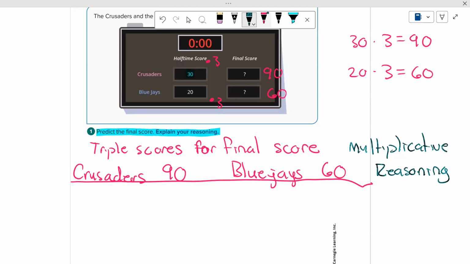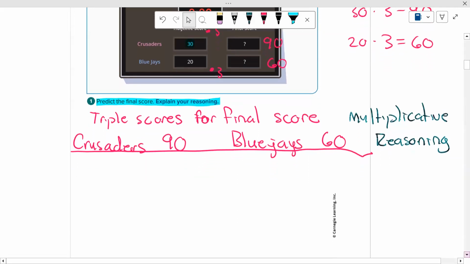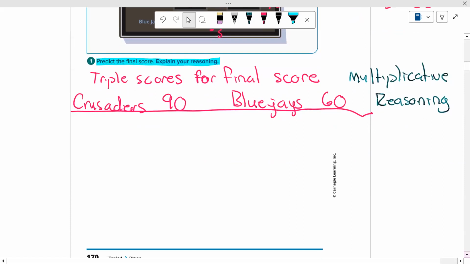What I want you to do under my red line, I want you to pause the video and figure out another way to predict their final scores. You can use multiplicative or you can use additive reasoning, but it should be a different prediction, and please explain to me. I'll be looking for that in class. So I would take a minute to pause the video and then write your prediction.